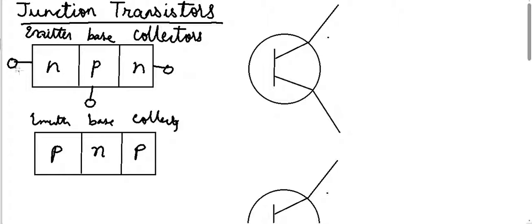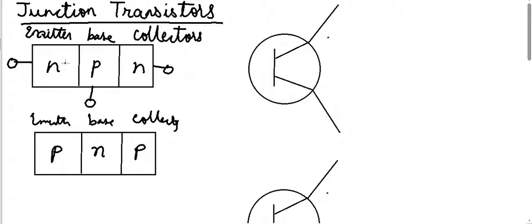Now the next concept is that in a normal transistor, the emitter and base are connected in such a way that they are forward biased, and the base and collector are connected in such a way that they are reverse biased.